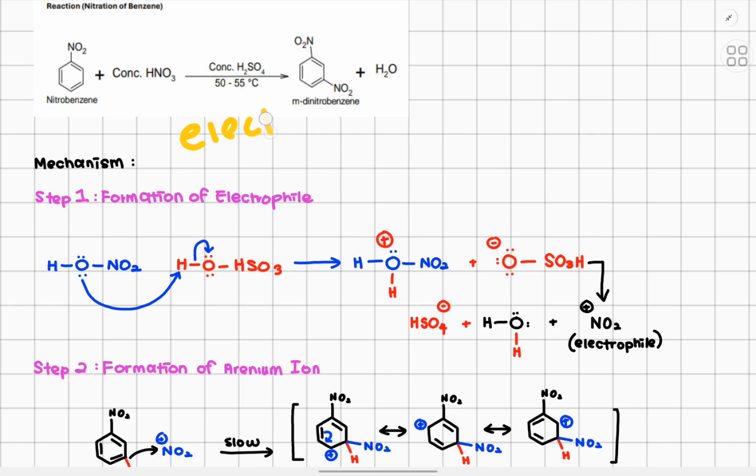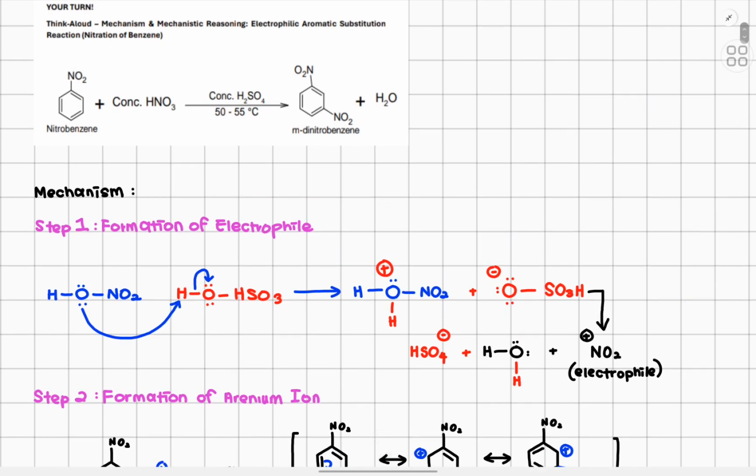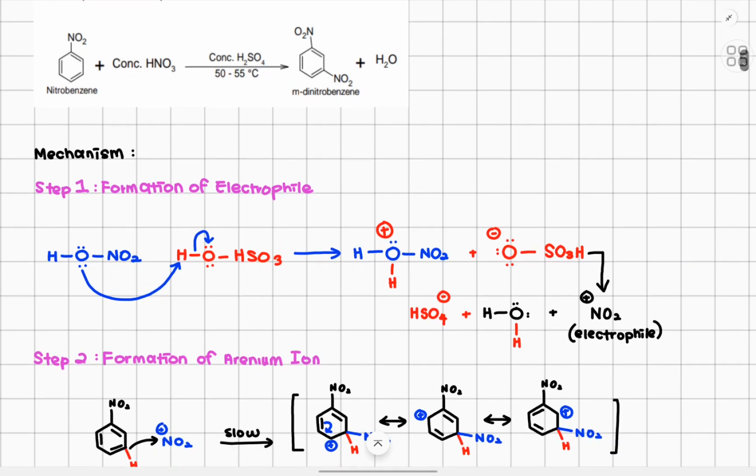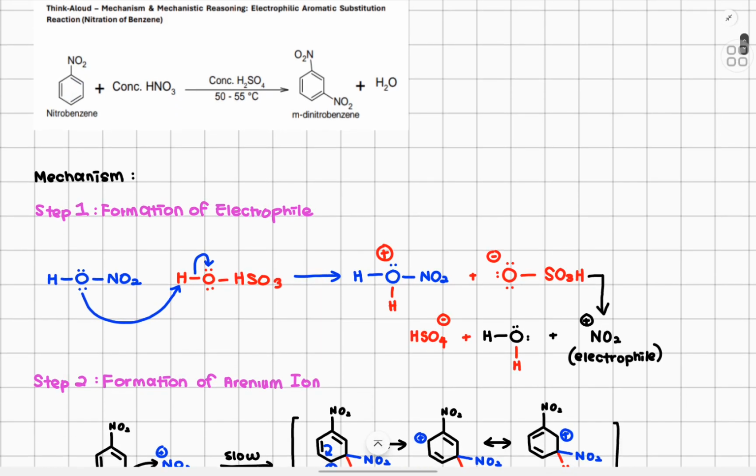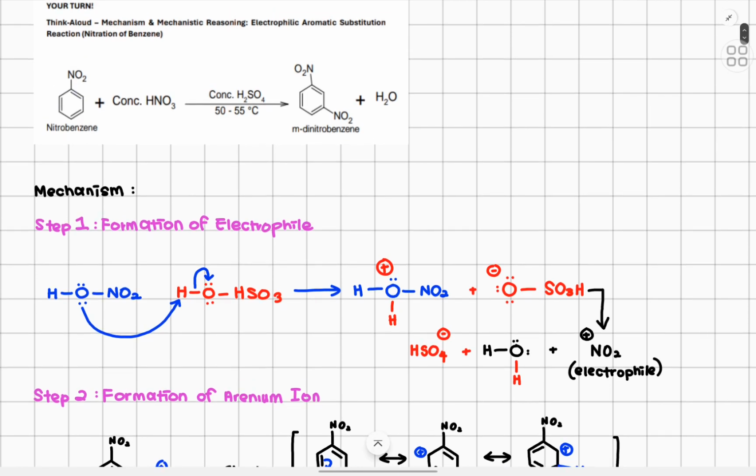So, concentrated HNO3 will become the electrophile because it is more acidic and it contains H plus here, while the nucleophile is benzene because benzene contains a benzene ring, so it has an electron-rich site.